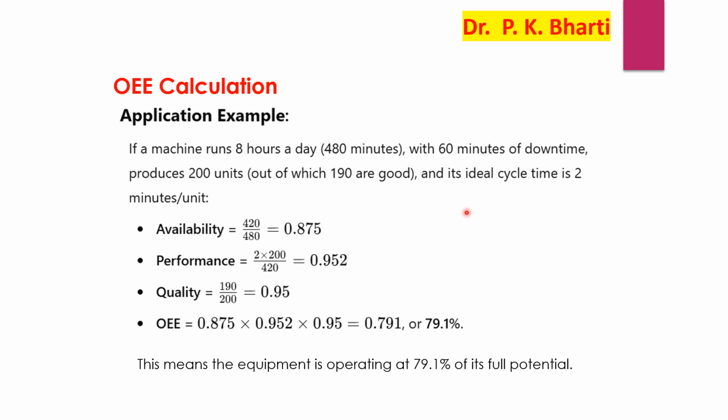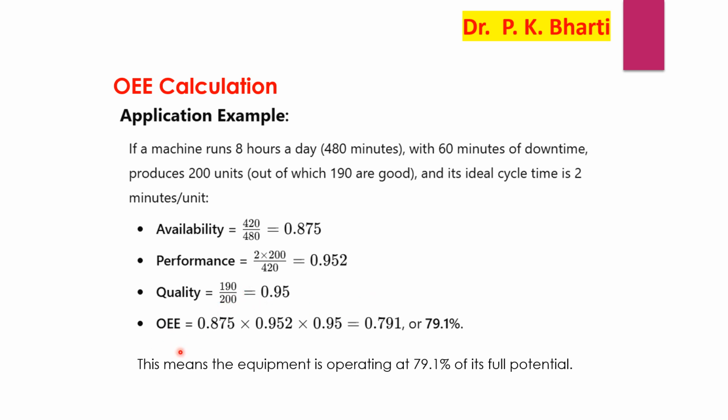So we can calculate with the relations availability as 420 upon 480 minutes. That is, the machine is available for 420 minutes, while total planned production time was 480 minutes. Then we can calculate performance by the given relation 2 into 200 upon 420, that is 0.952. Then quality, good count upon total count, that is 0.95.